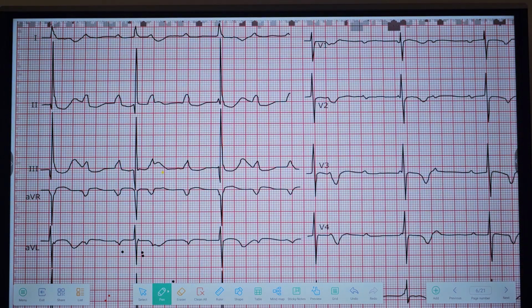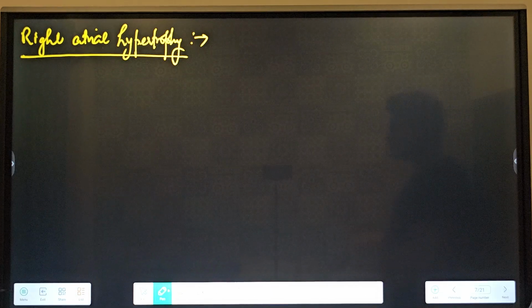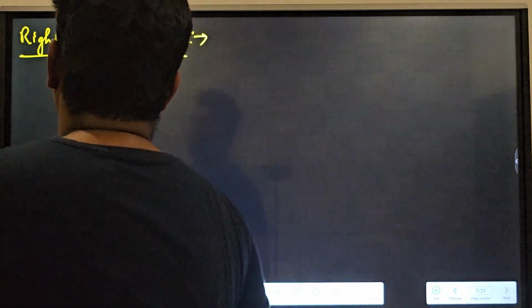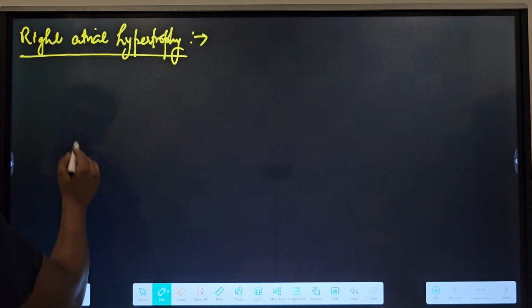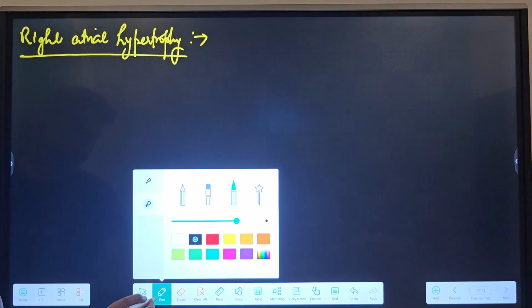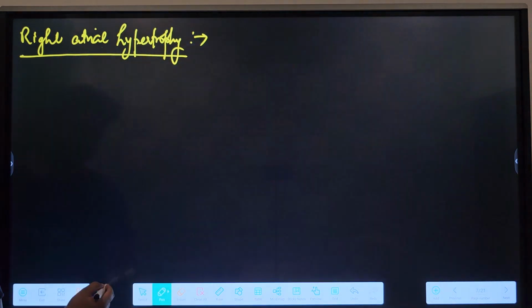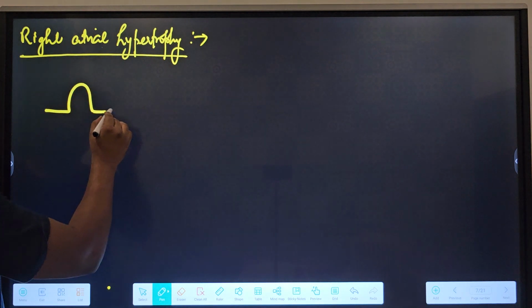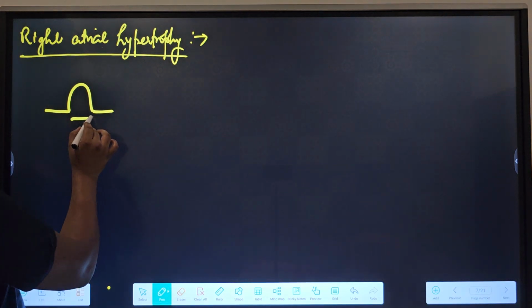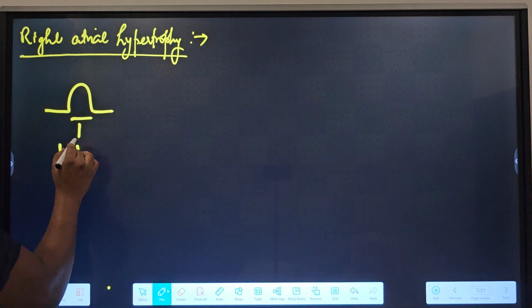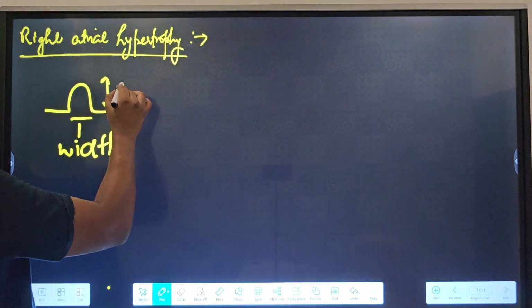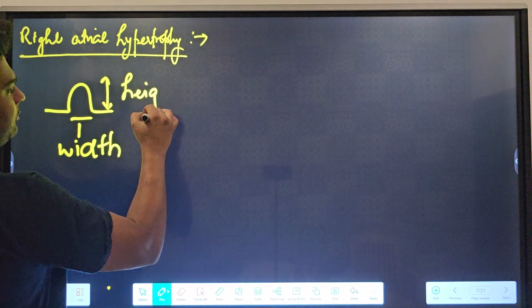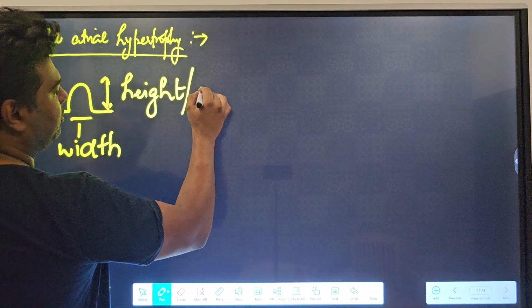Now before coming to this ECG, we have to understand what is right atrial hypertrophy. Please remember, if this is your normal P wave, this is known as the width and this is known as the height or amplitude.